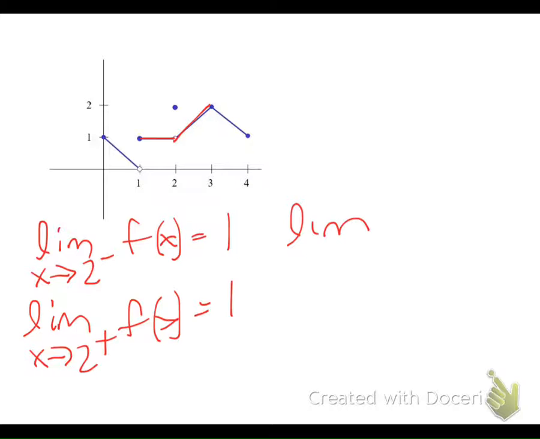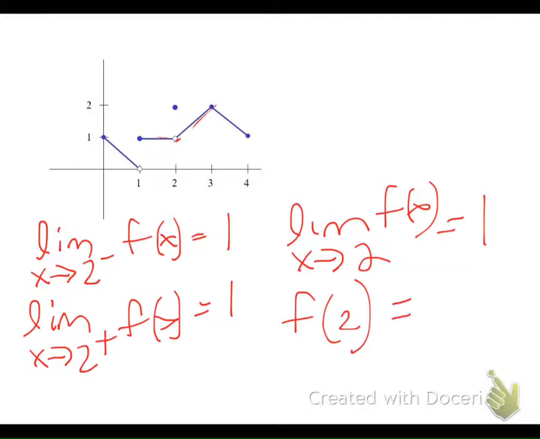The limit as x approaches 2 overall is, they're the same, therefore 1. But how about f of 2? What is that? 2.